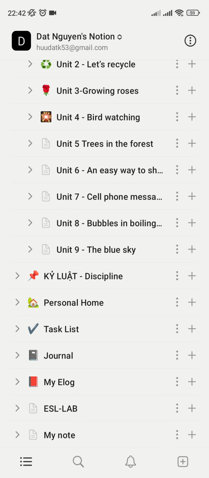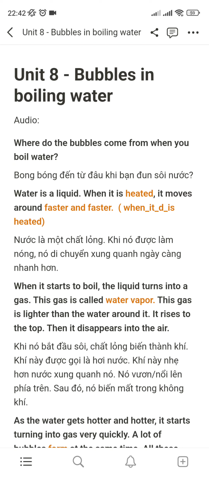Okay, next, Unit 8. Bubbles in boiling water. Where do the bubbles come from when you boil water? Water is a liquid. When it is heated, it moves around faster and faster.